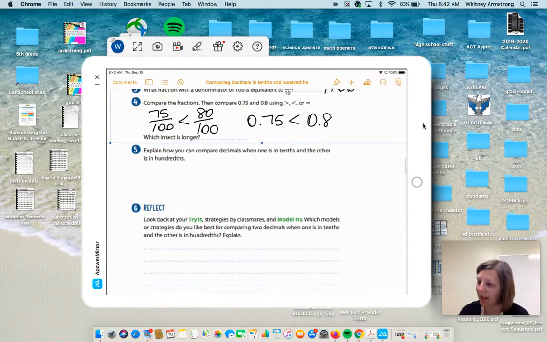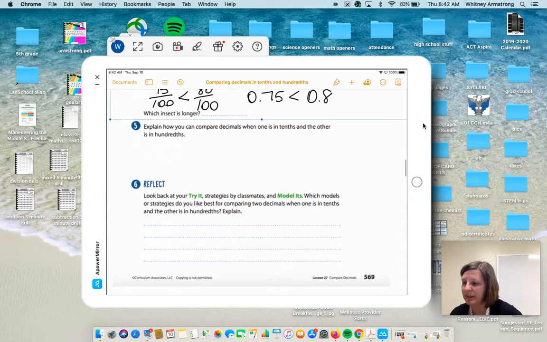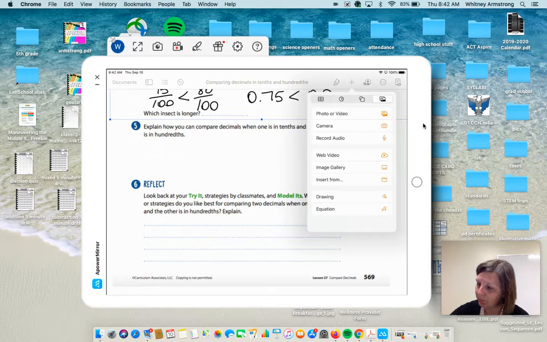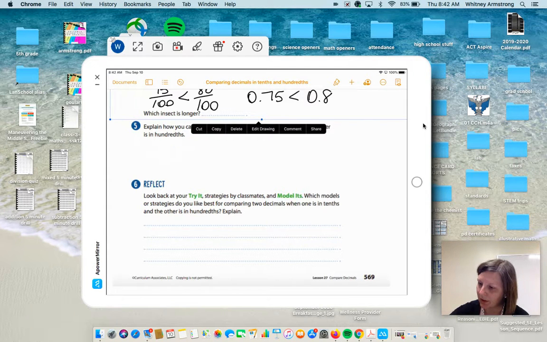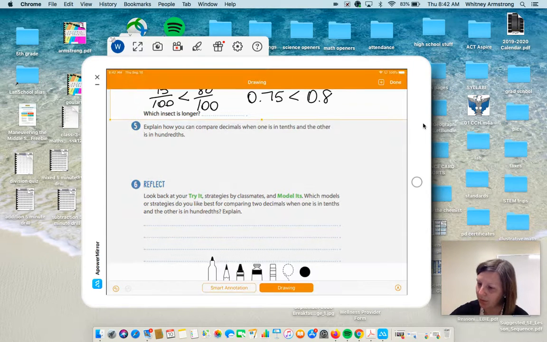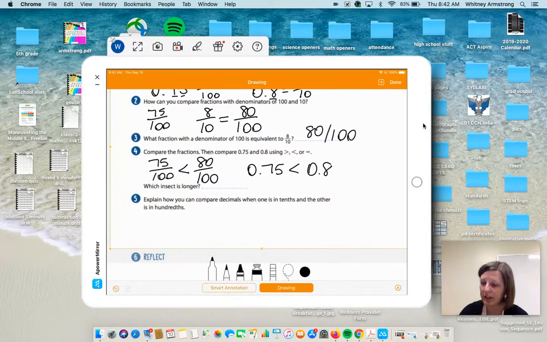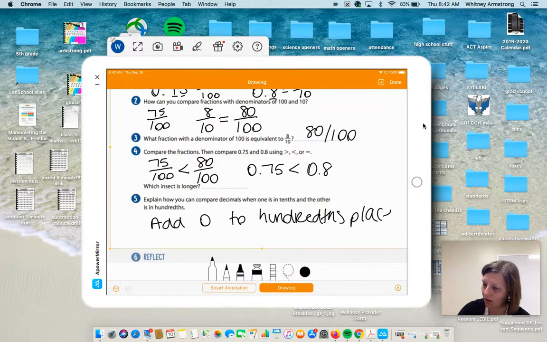Explain how you compare decimals when one is in tenths and the other is in hundredths. So if you have one in tenths and one in hundredths, all you would do is add a 0 to your hundredths place for your tenths decimal.